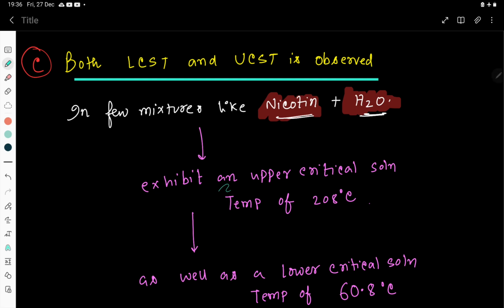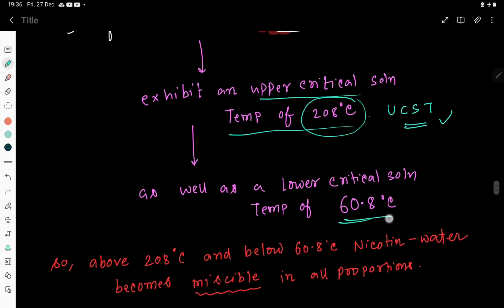Nicotine and water exhibit an upper critical solution temperature of 208 degrees Celsius. This is the UCST temperature, and it also has an LCST temperature that is 60.8 degrees Celsius.